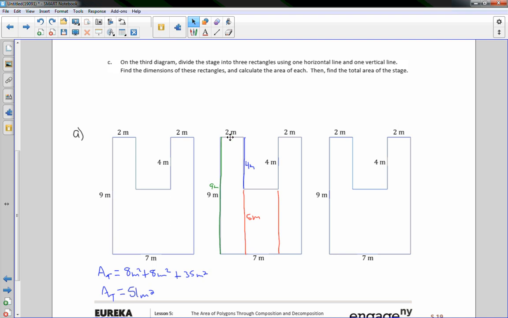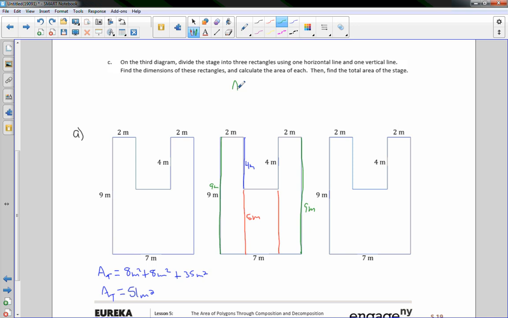And now we have a rectangle here, but in all actuality, when we did this, we did not need to know the length of this piece. All we needed to know was that if this is 9, then this is also 9. Let me color code it so they match. So this is 9 meters. So I have a rectangle here, which is 9 meters in length by 2.